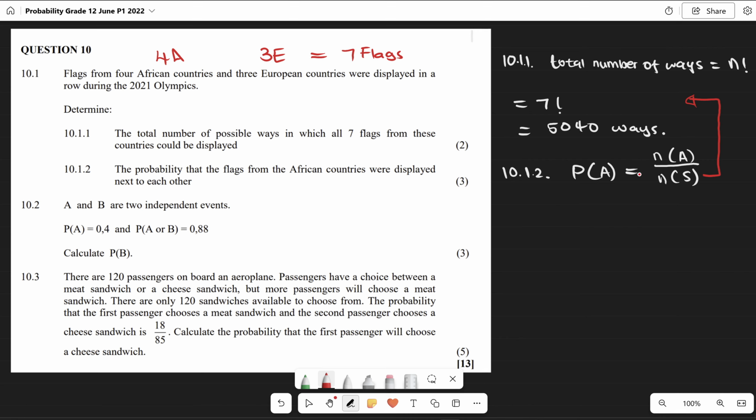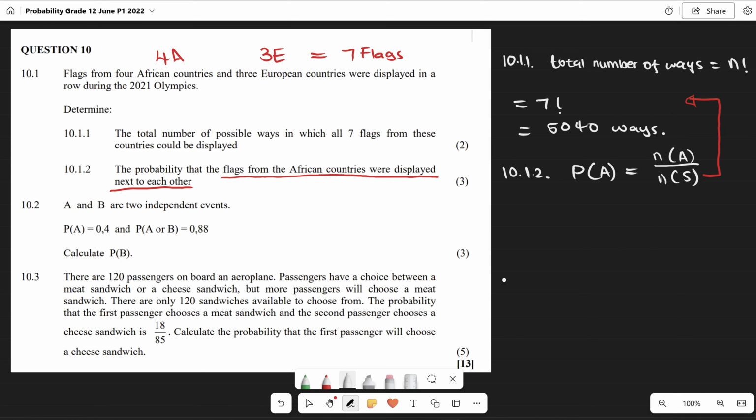So how can we find our number of ways to arrange using the condition that the flags from African countries were displayed next to each other? We need to find the number of ways to arrange the African countries next to each other.